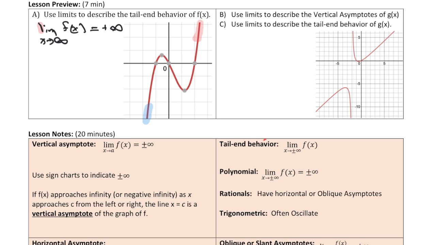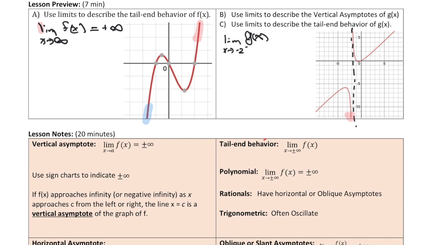For question B, you're going to use limits to describe the vertical asymptotes for this function g of x. Draw in the vertical asymptote. You can see that there's probably a vertical asymptote at x equals -2. So you would write the limit as x approaches -2 from the left of your g of x, and on the left side of g of x, notice that the asymptote is heading downward.